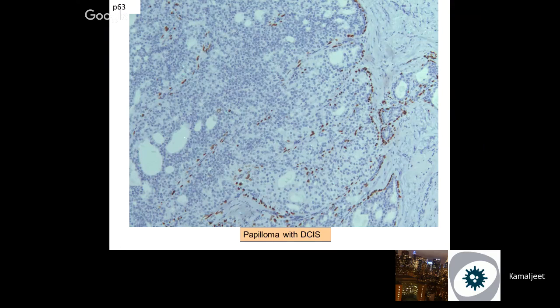The P63 immunostain shows loss of myoepithelial cells in these atypical areas. However, there are some preserved myoepithelial cells at the periphery, present as a sheet. So this will make it papilloma with DCIS. The cutoff is 3 millimeters. If you have a linear span of ADH that measures at least 3 millimeters, the WHO 2012 edition working group says you can call it DCIS, low-grade DCIS.